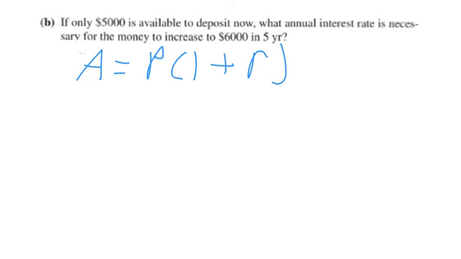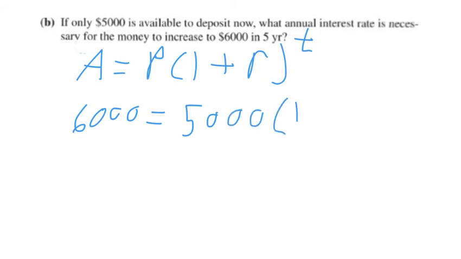And our exponent would just be the time. So our final amount is 6,000, and we said we only have 5,000. We need to know 1 plus our interest rate, which is R, which we're looking for, raised to the power of T, which is 5.